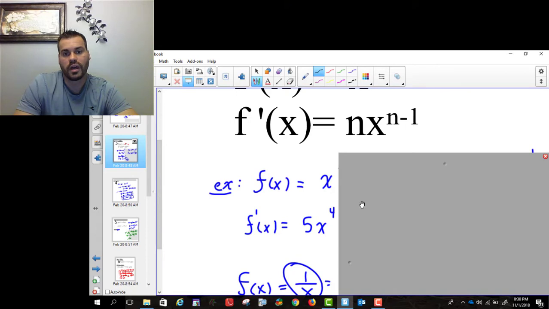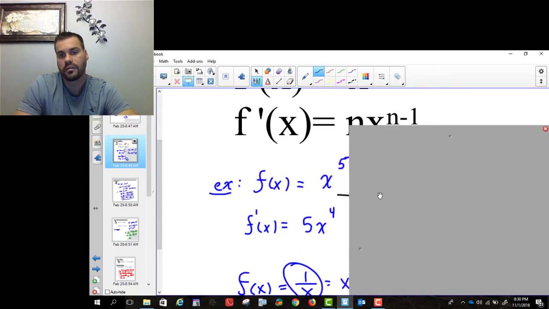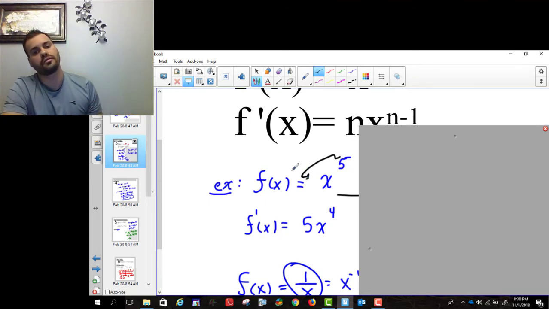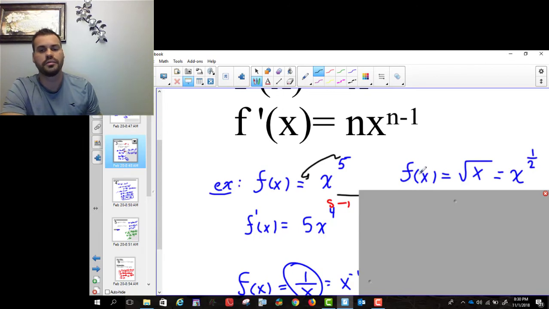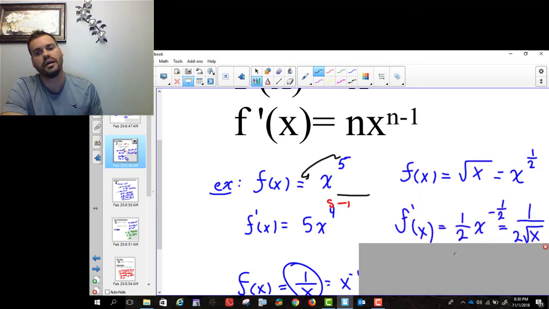If I want to take the derivative of x to the 5th, it's 5x to the 4th. Bring the power down, and then subtract 1 from 5. So this is 5 minus 1, and we brought the 5 down. If you look at the square root of x as another example, that can still be written as a power. Just write it as x to the 1/2, so then it's 1/2 x to the minus 1/2.